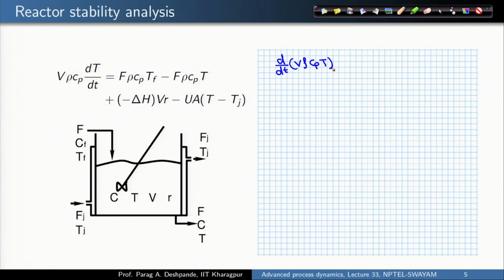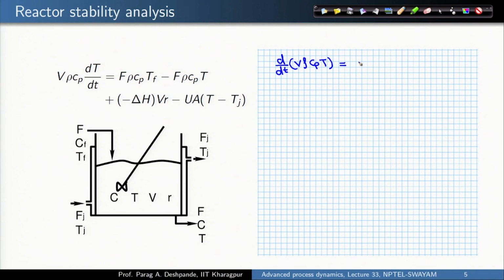Now, change in mass of the system was given as d by dt of V times rho. Change in a particular component was given as d by dt of volume times the concentration. So, similarly, I am writing an analogous expression here, and this would be equal to the inlet energy minus outlet energy. So, energy change due to flow, right.